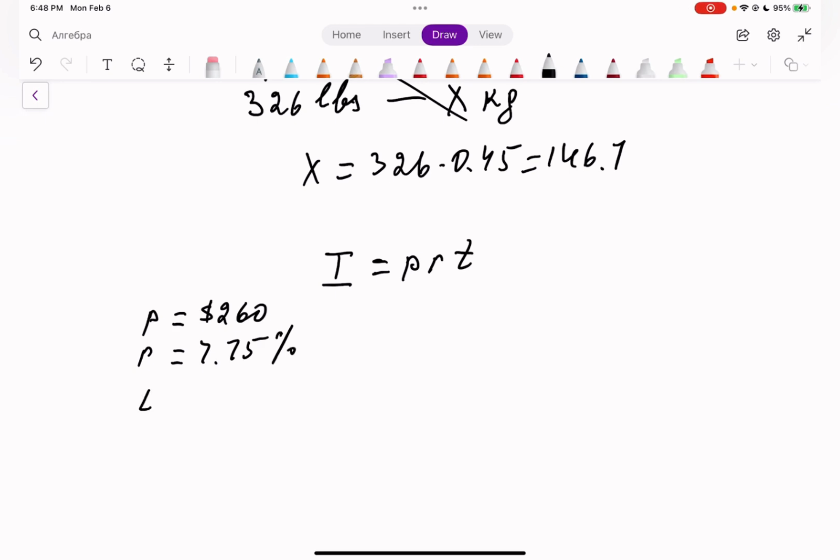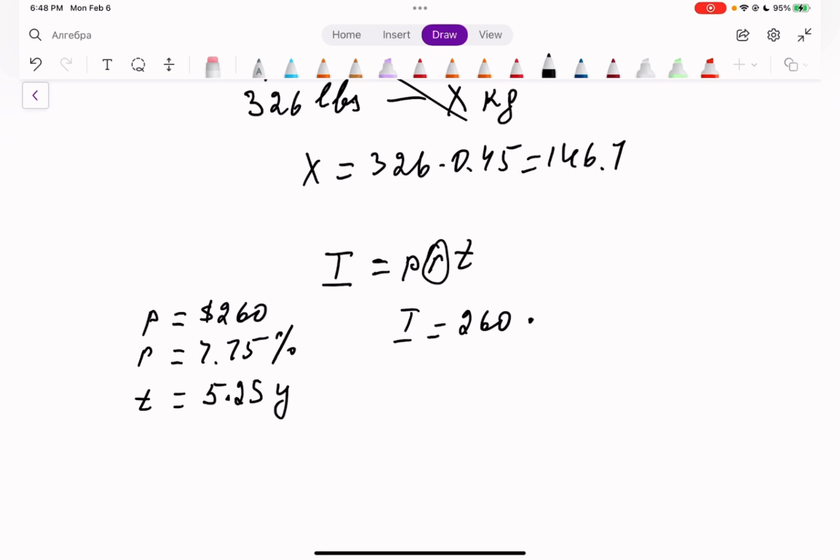T, the time period, is 5.25 years, which is 5 years 4 months, right? So determine the simple interest. The rate is an annual rate. In the formula, rate always represents the annual rate. So to find interest, we are going to take 260 times the percentage.